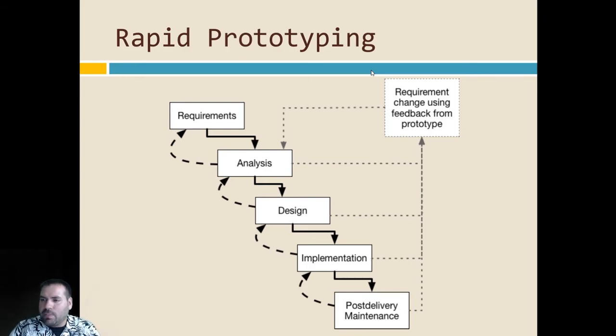So let's rip through a couple more of these before we get to the one that we'll use this semester. Rapid prototyping takes the same steps as waterfall, but with the idea of running through the waterfall much more quickly, delivering software to the user faster, getting feedback from the user, and then going back up to the top.